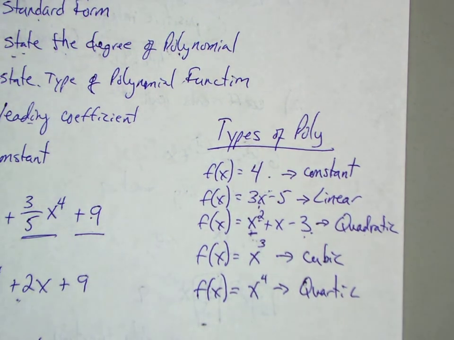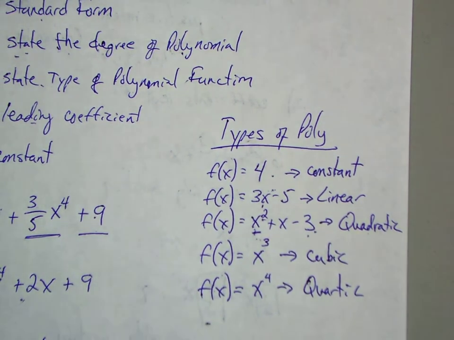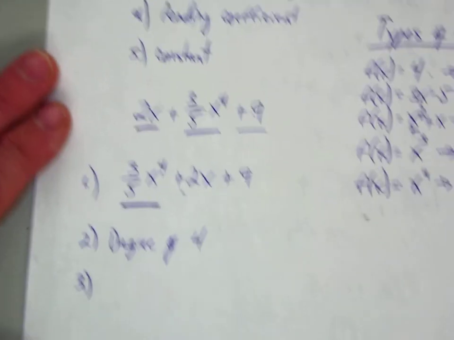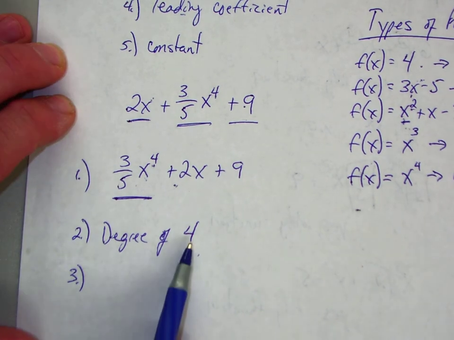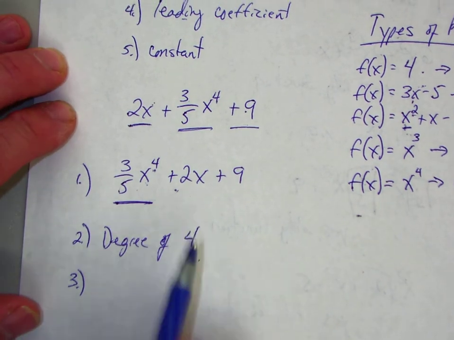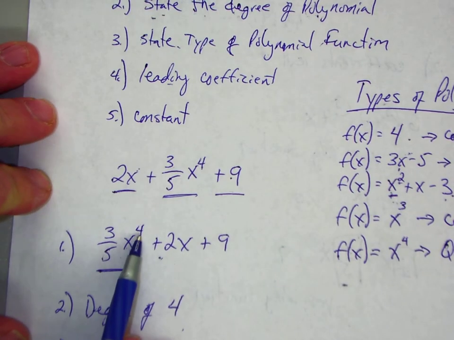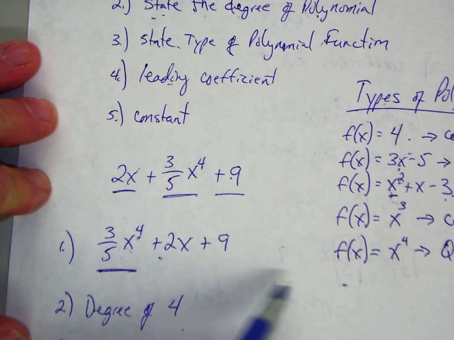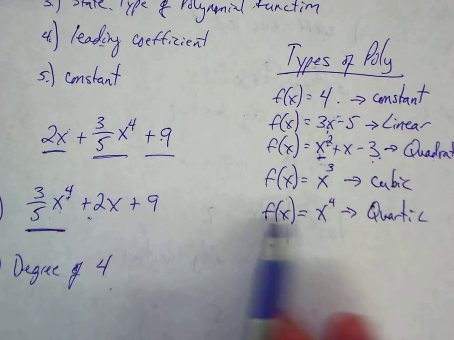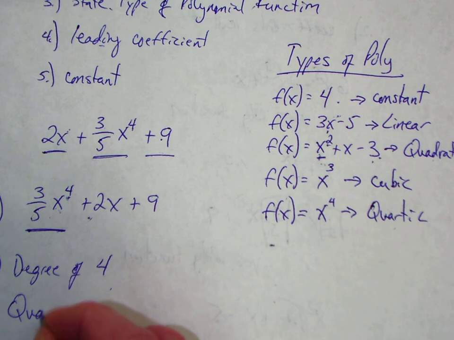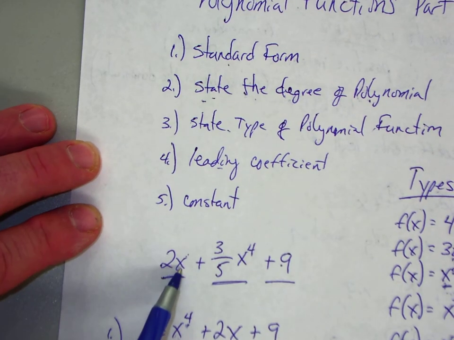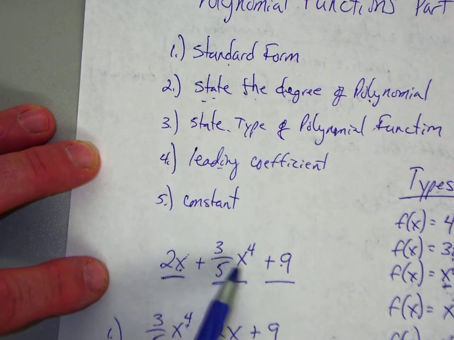So back to our example. I have a degree of 4, which means I have a variable to the 4th power. That tells me this polynomial is a quartic. Even though it has an x term in there, that's not the largest exponent. This takes dominance over the rest.